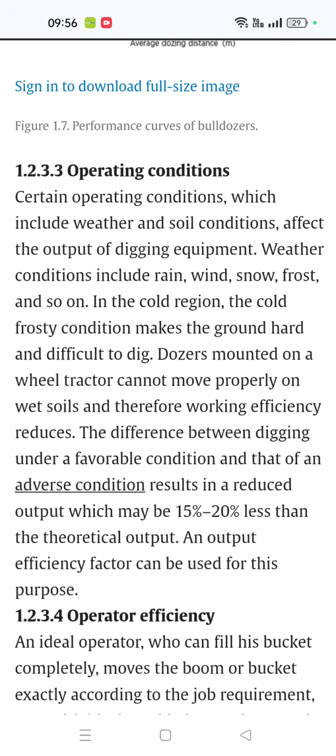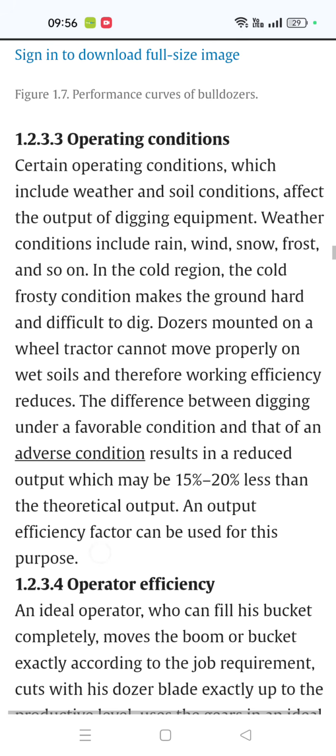1.2.3.3 Operating condition. Certain operating conditions, which include weather and soil conditions, affect the output of earthmoving equipment. Weather conditions include rain, wind, snow, frost and so on.